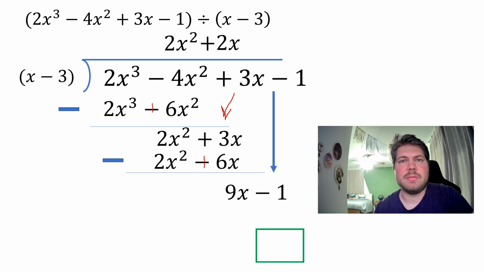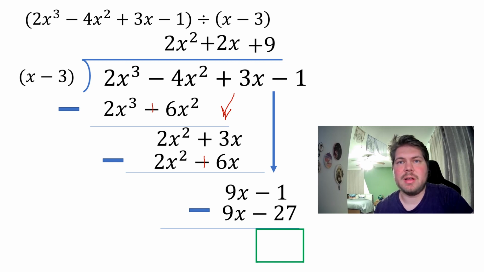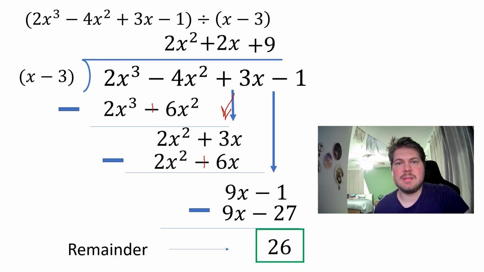And then we bring the negative 1 down. How many times does x go into 9x? Well, 9 amount of times. So we do 9 times x, which is 9x, and then 9 times negative 3, which is negative 27. So then we subtract, minus minus makes it plus. 27 plus the negative 1 gives you 26. So our remainder was 26.